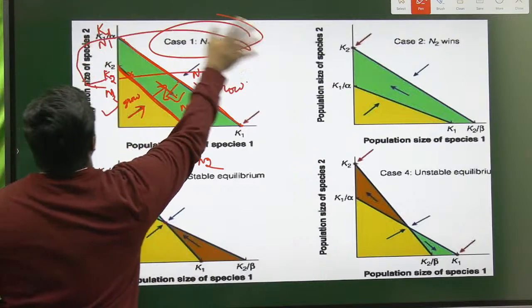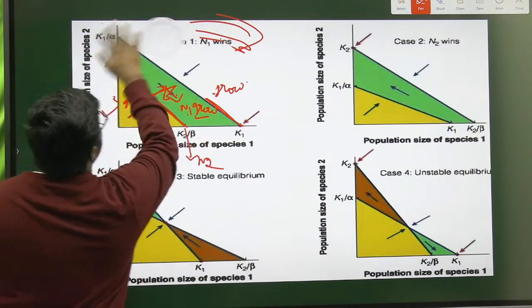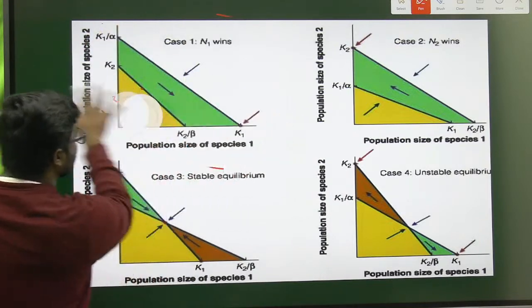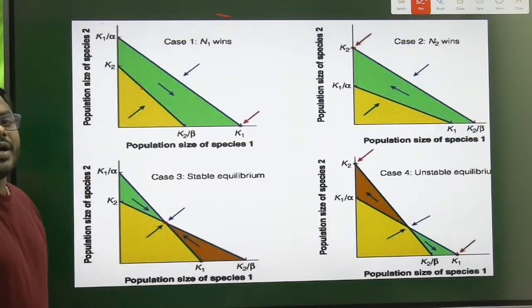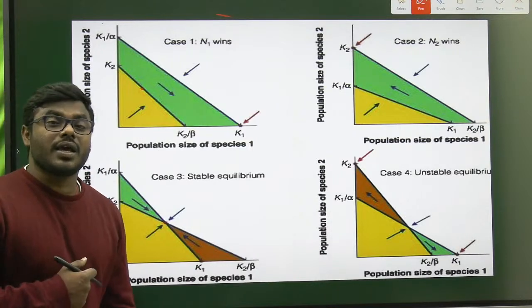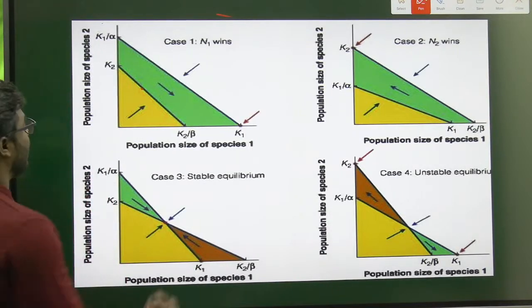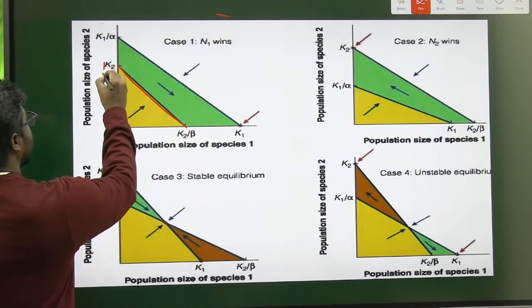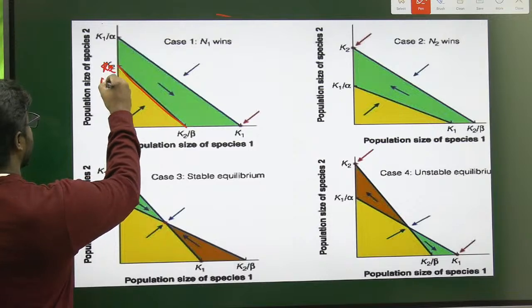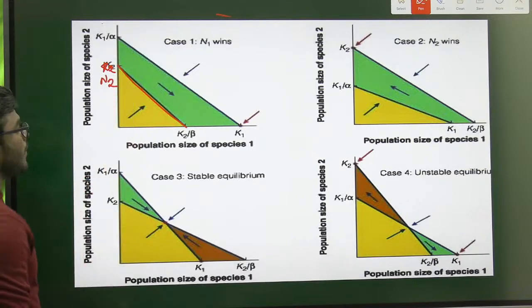Once again, I am explaining for all of you. Whoever has doubts, now try to understand and ask me immediately if you have any kind of doubt. Listen to me carefully. There are two species N2 and N1 with their carrying capacities K2 and K1. This is the isocline point of the species N2, or K2, its carrying capacity.